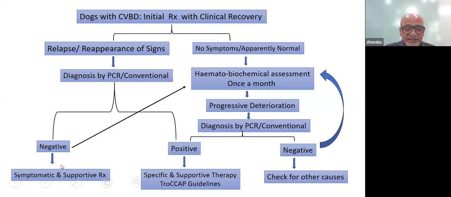Okay, if it is negative, give symptomatic and supportive therapy, and then follow this hematobiochemical assessment at a monthly interval. Okay, if it is positive, you are going to treat it with specific and supportive therapy. So that should be the plan in front of you for the relapses.